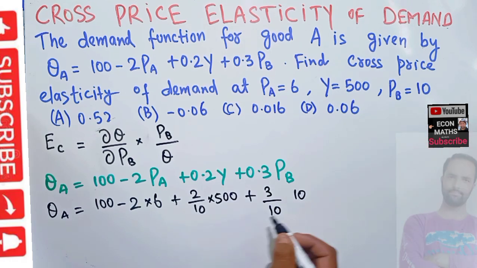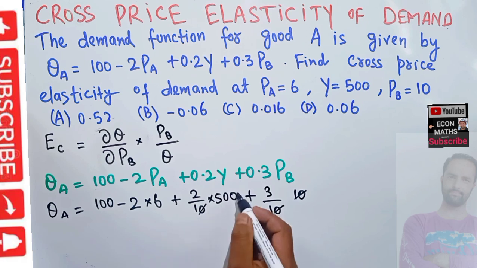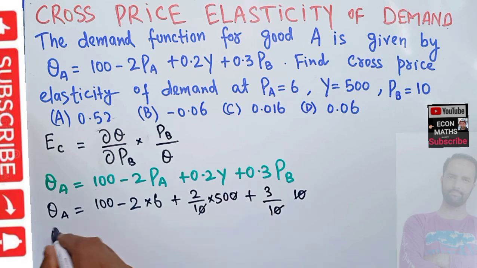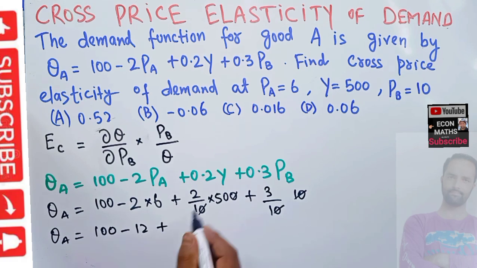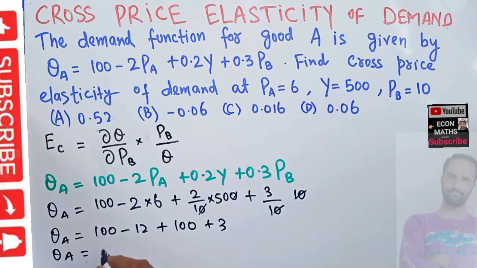So this gets cancelled, this gets cancelled, and we are left with QA equal to 100 minus 12 plus 100 plus 3. So this comes out to be 191.